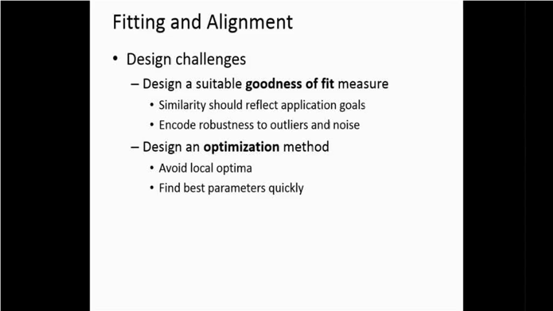So here often the challenge is trying to avoid local optima. So that means that you want to find the best solution, not just a solution such that if you slightly change the parameters, it gets worse. And you want to try to find the best parameters quickly.